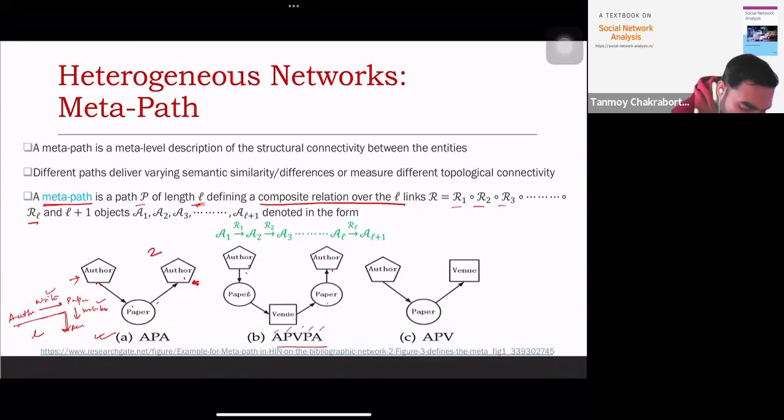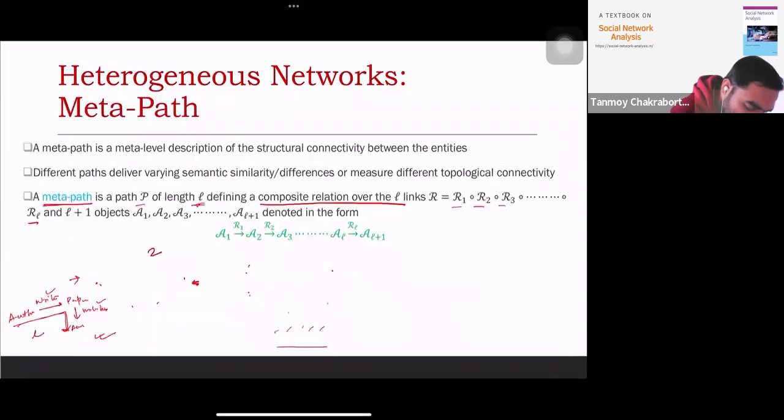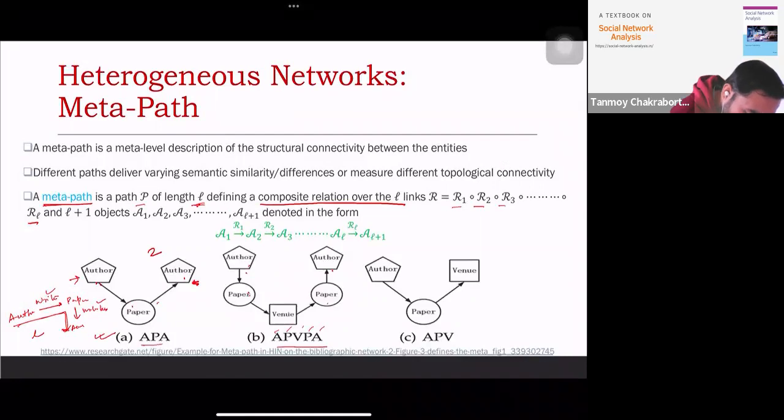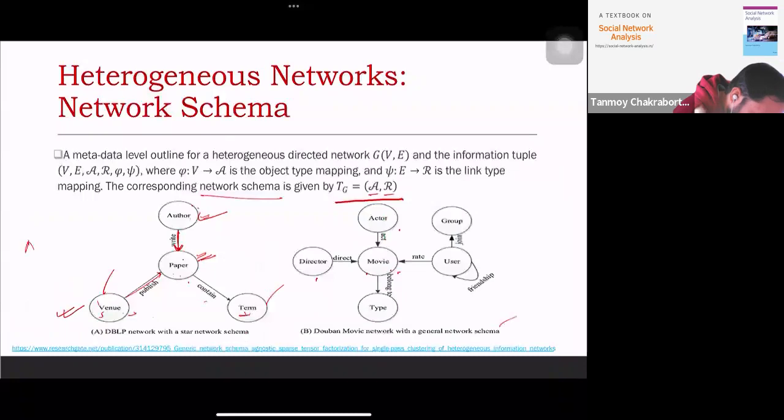Now, a very interesting concept here is that a metapath cannot be of any random type. Say for example, this APA or APVPA. Let's look at the network schema. APA and APVPA. Let's try to understand whether these two metapaths are at all valid metapaths or not.